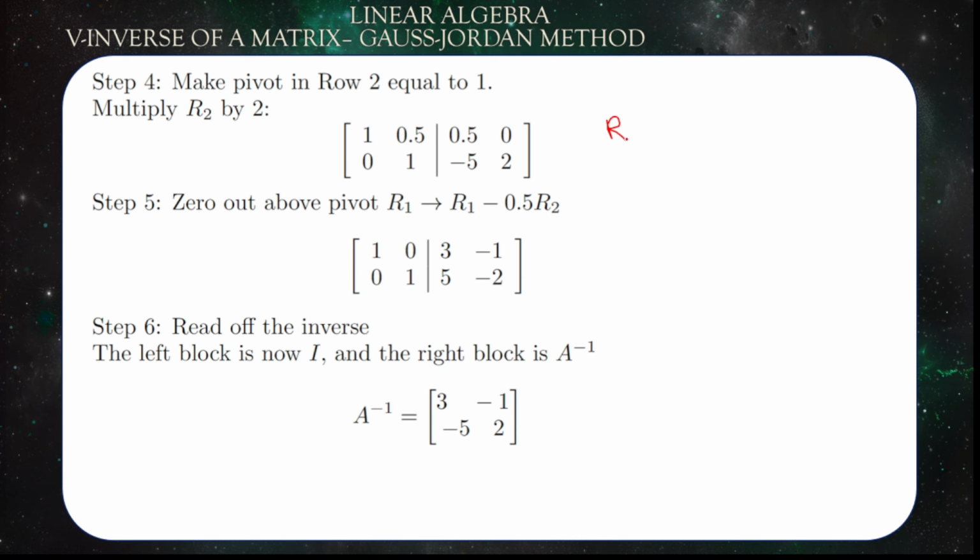The new row R1 is equal to the original R1 values minus 0.5 R2. So here you have 1, here 0.5 times 0, it is the same. Here you have 0.5 minus 0.5 times 1, which is minus 0.5. Then you have 0.5 minus 0.5 times minus 5.